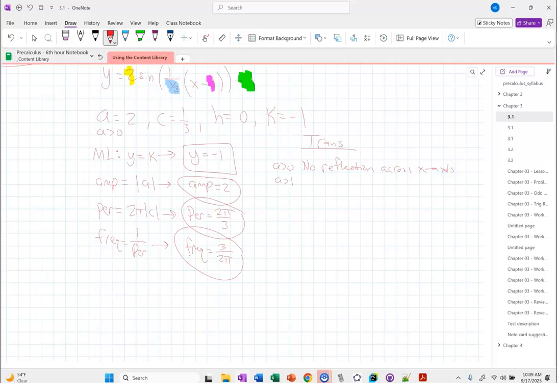But A is greater than 1, so we have a vertical stretch by a factor of 2. My C is greater than 0, so I have no reflection across the x or the y-axis.